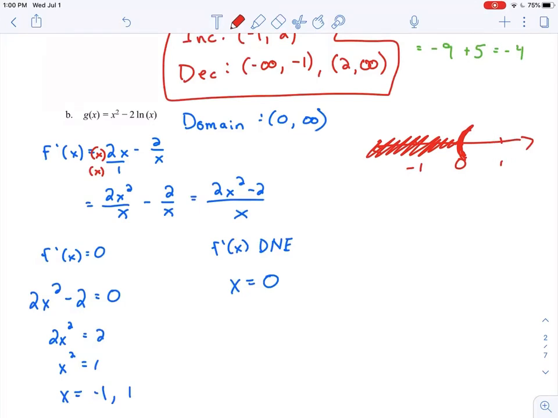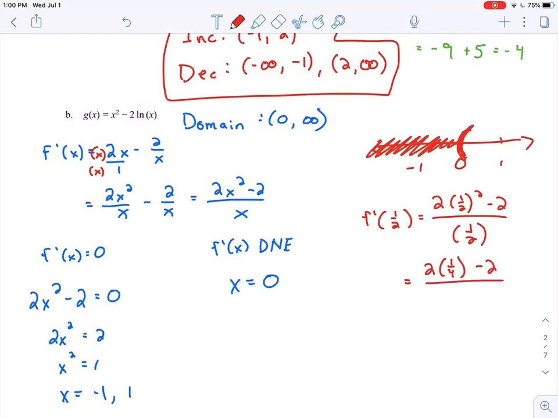I'm going to take, let's say, 1/2. We'll plug that into our derivative here. So f prime of 1/2 is 2 times 1/2 squared minus 2, all divided by 1/2. So this is 2 times 1/4 minus 2 divided by 1/2, which is really 1/2 minus 2 divided by 1/2.